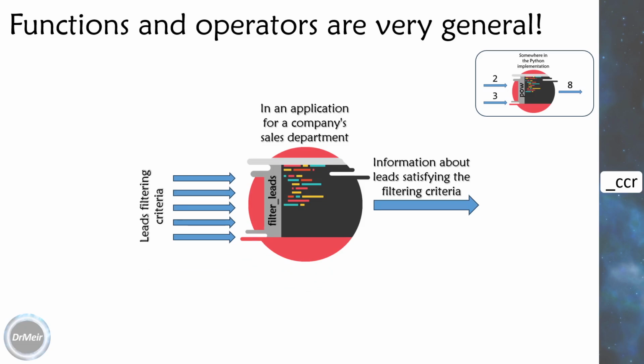This is because you can write your own functions that can accept arguments and return results of types related to your application's domain. And the same principles will apply. In the shown example, an application for a sales department has a function that returns information about leads based on search criteria passed as arguments.